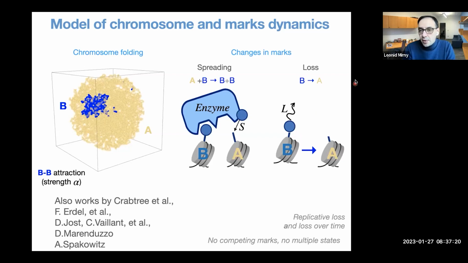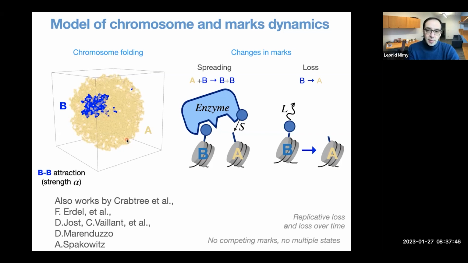We model it largely as a continuous process of loss, but we also consider the case of primarily replicative loss. In any case, you can characterize it by some rate of loss, L, and some rate of spreading, S. Importantly, there is a spreading process and a loss process, and this is happening on the 3D folded state of the polymer.